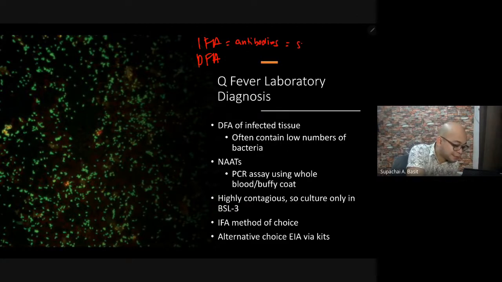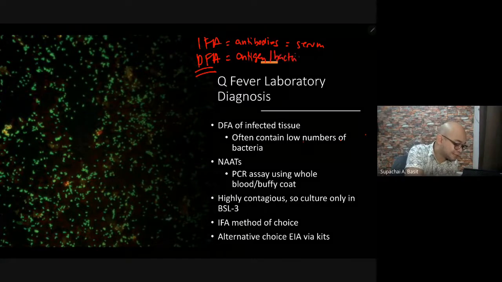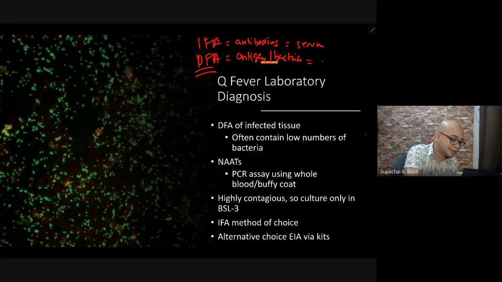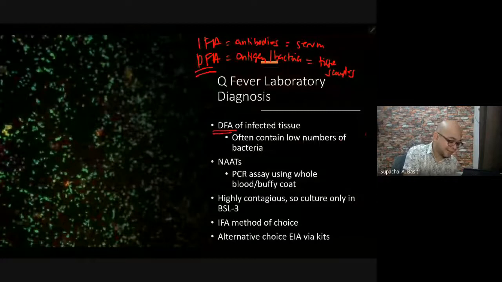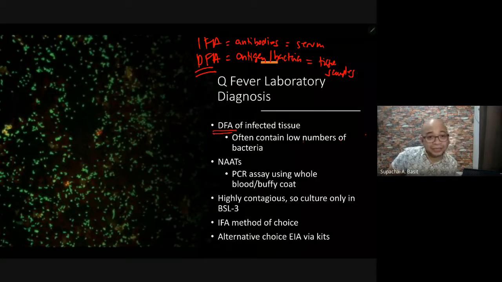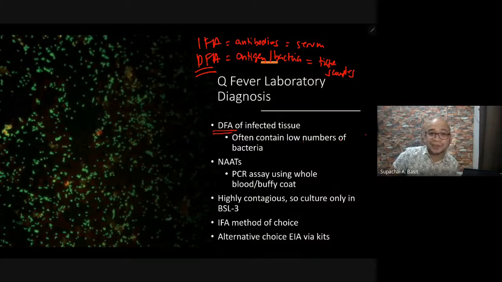Therefore, the specimen for diagnosis would be serum. But in the direct fluorescent assay, we are detecting antigen or the bacteria itself. So the specimen for diagnosis are tissue samples. So therefore, DFA, direct fluorescent assay, is used for the diagnosis of Q fever.